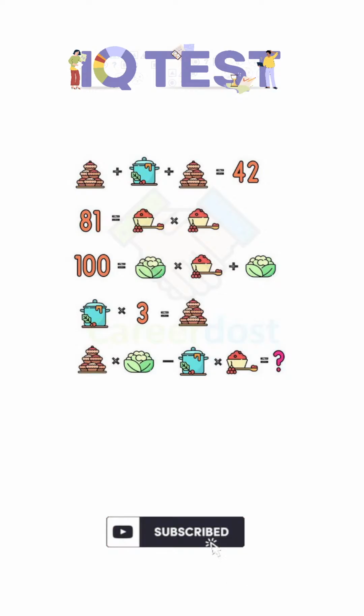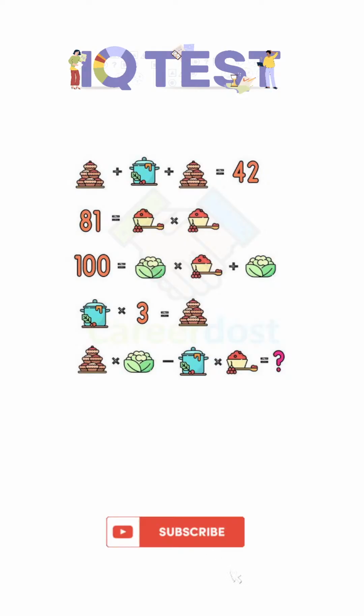All right. So over here, let me quickly give the answers. The red food in that bowl is equal to 9 because the two of them multiplied by each other will give us 81. And then for the blue plate, the blue plate we have over there multiplied by 3 will give us those piled up food we have over there.